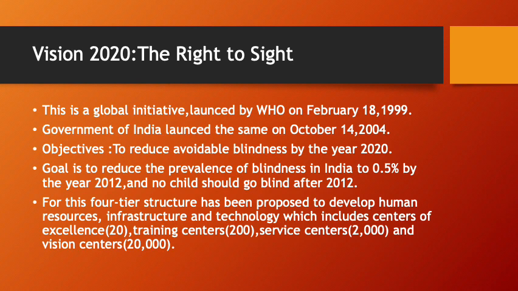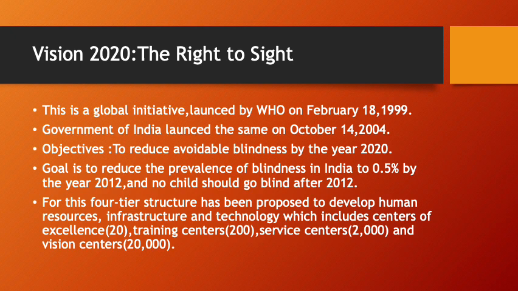Now, this Vision 2020 or the Right to Sight was a global initiative which was launched by WHO on February 18, 1999. Government of India launched the same on October 14, 2004 with the objectives to reduce avoidable blindness by the year 2020, and the goal was to reduce the prevalence of blindness in India to 0.5% by the year 2012, and that no child should go blind after 2012.